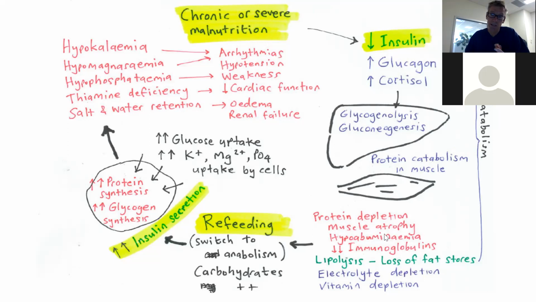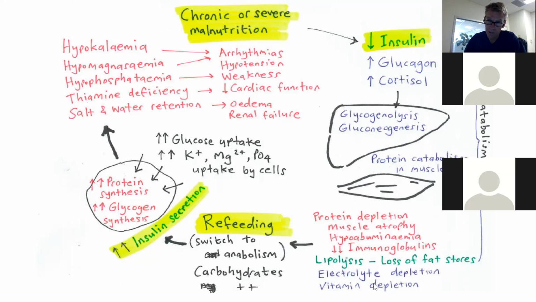If you measure the albumin level of a child with severe acute malnutrition, they'll often have very low albumin, and their immunoglobulins, which are proteins important for immune function, will be very low too. So the child is constantly breaking down glycogen in the liver, muscle, and their lipid stores, their fat stores, and they invariably have electrolyte depletion and vitamin depletion. That's what happens on the right side of the diagram, during stages of severe malnutrition.